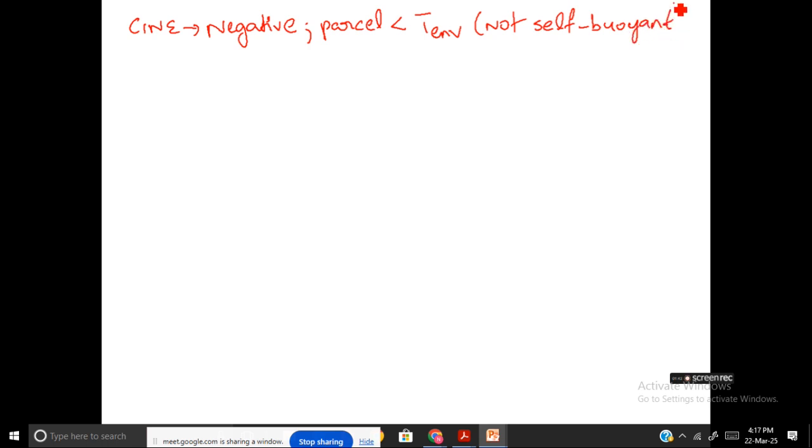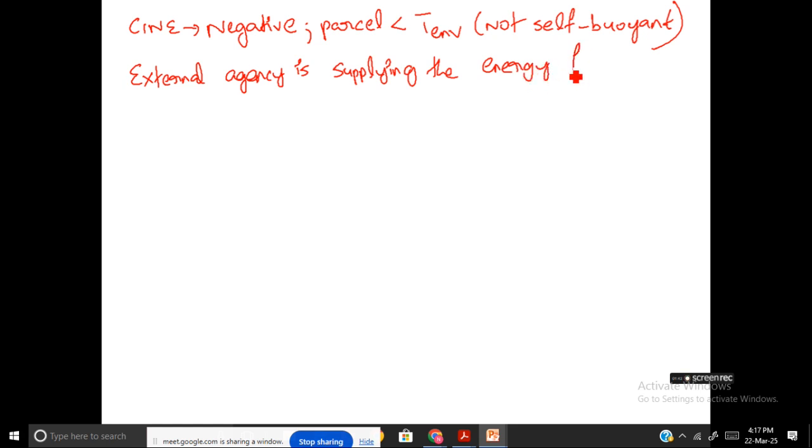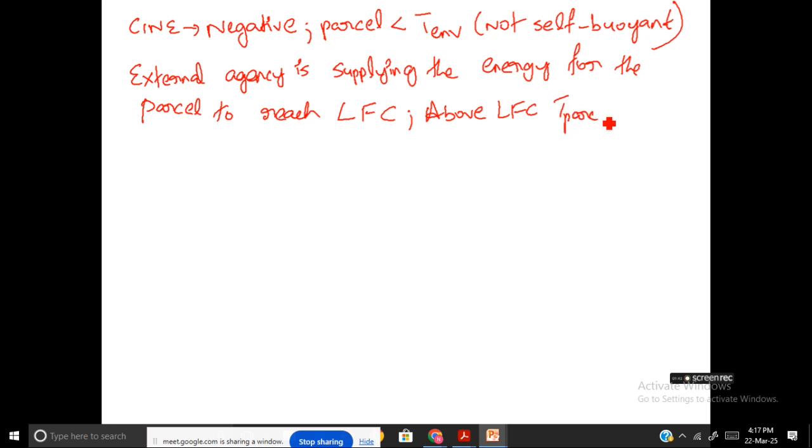So some external agency is supplying the energy for the parcel to reach the LFC. After that, it will rise on its own, because above the LFC, the temperature of the parcel is greater than the temperature of the environment, and the parcel is self-buoyant.